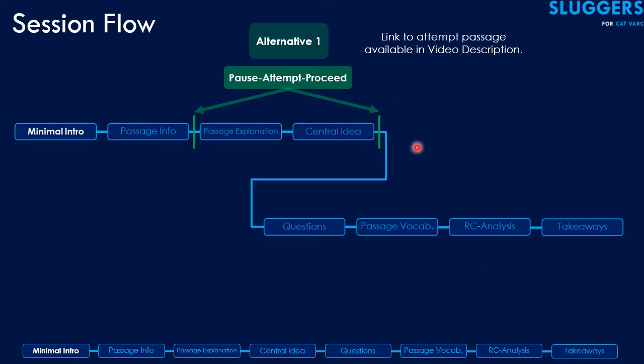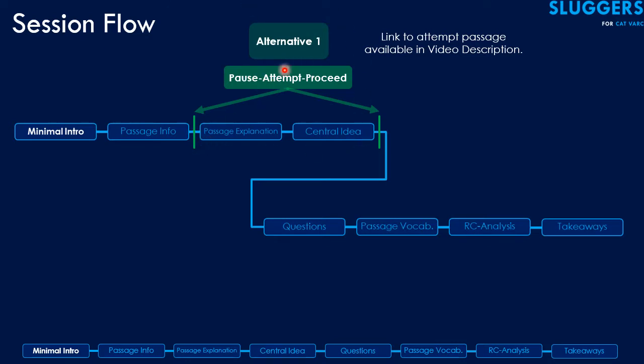But I'll suggest this only to learners who are facing really excessive difficulties in understanding RCs. For most learners, I would suggest that you pause the video at this point, attempt the passage by yourselves, and then come back and proceed.